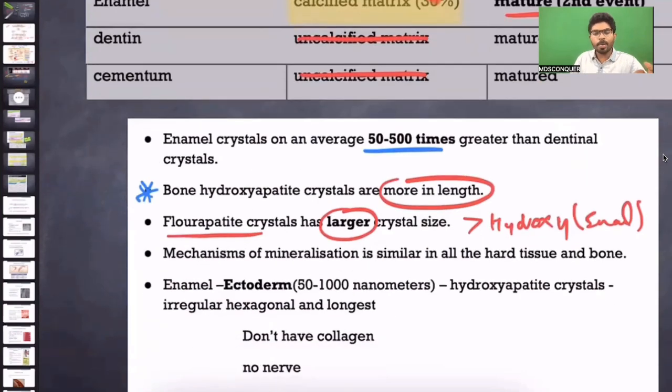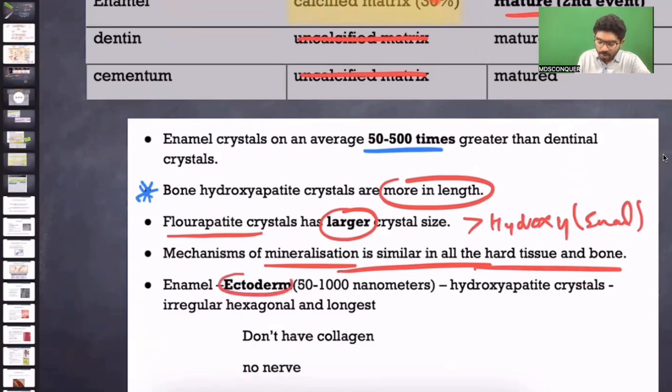When I'm talking about the mechanism of mineralization or maturation, it is almost the same in all hard structures of teeth, that is enamel, dentin, cementum, and it is almost the same in the case of alveolar bone also. Clear, right? The most important thing we have already discussed is that enamel is ectoderm. Enamel has hydroxyapatite crystals. They are long, irregular hexagonal.